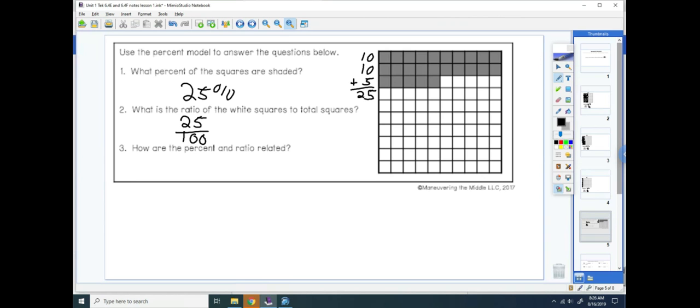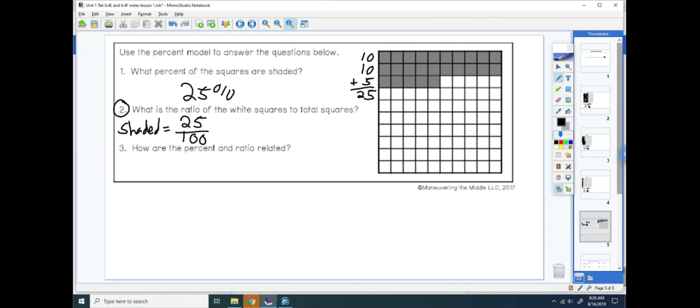Oh, and I think I actually did number 2 wrong, because I wasn't reading. I apologize. I'm going to write the word shaded next to this. We have 25 blocks shaded. They want to know the ratio of white squares.